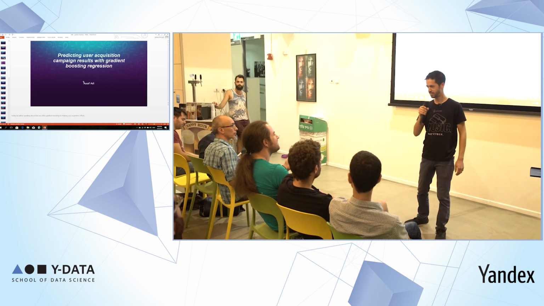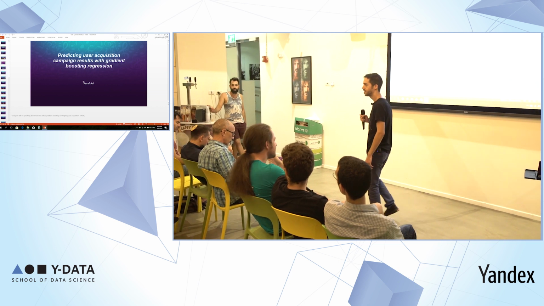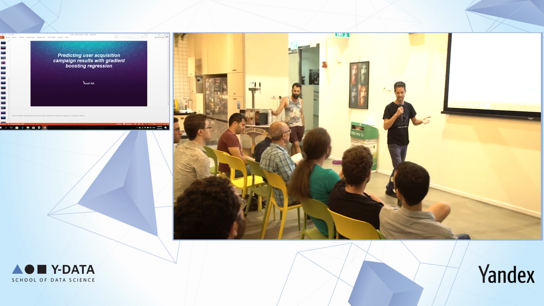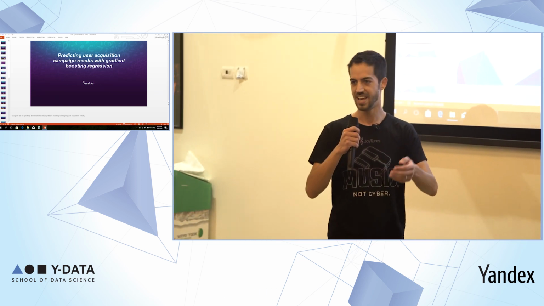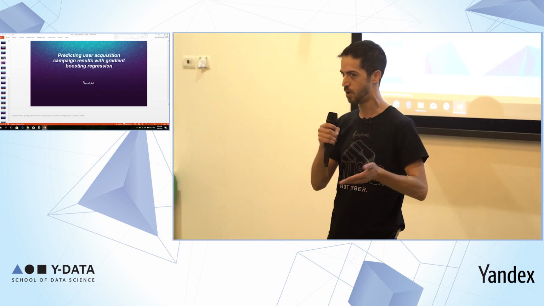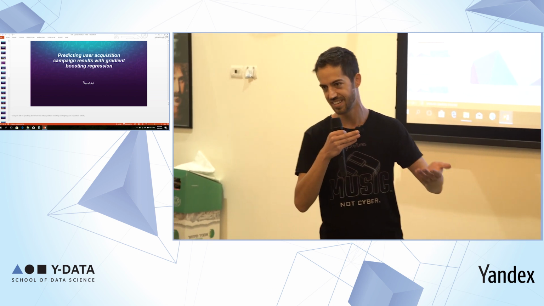I'm sorry, I didn't quite get you. You said you use user-related features in the campaign-based models. Yes. Okay, so I just made an aggregation to the date level, and obviously we can attribute the user to the campaign via the mobile measurement partner, and I combined it, made an aggregation and added it to the data set.